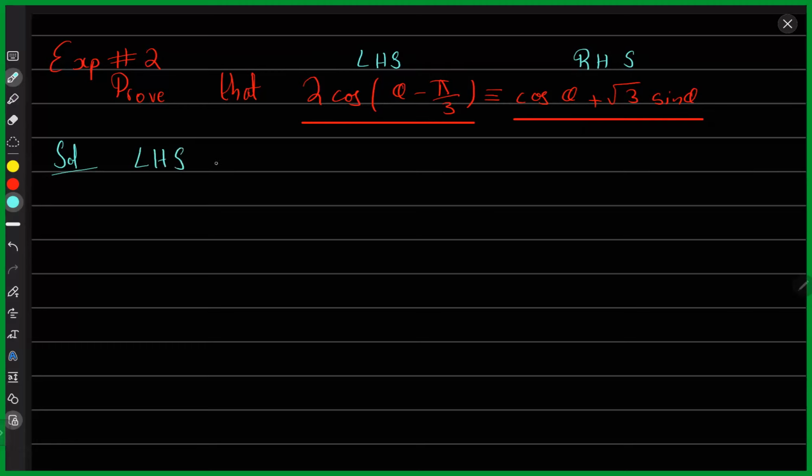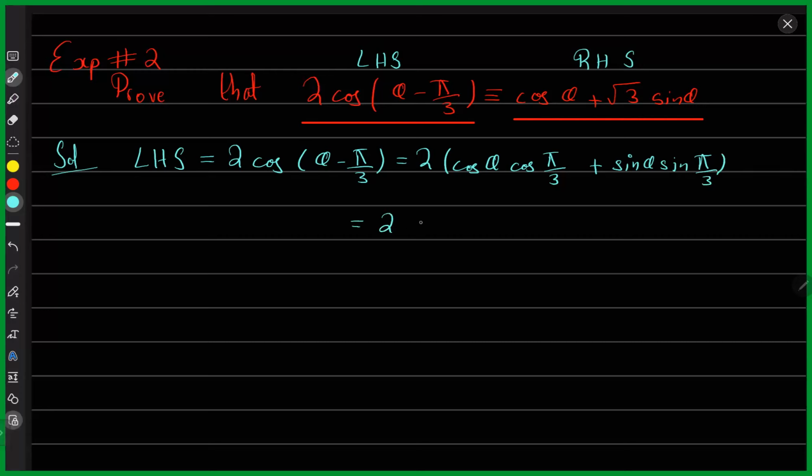Left hand side, that is basically 2 cos theta minus pi by 3 is basically equal to 2 outside, and I'm using the cos addition formula, so it would be cos theta into cos pi by 3 plus sine theta into sine pi by 3, and this is going to give me 2 into cos theta.